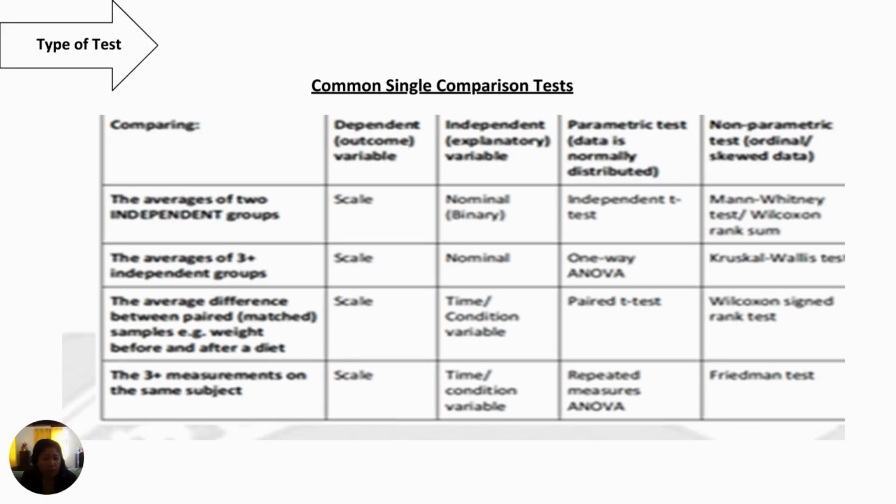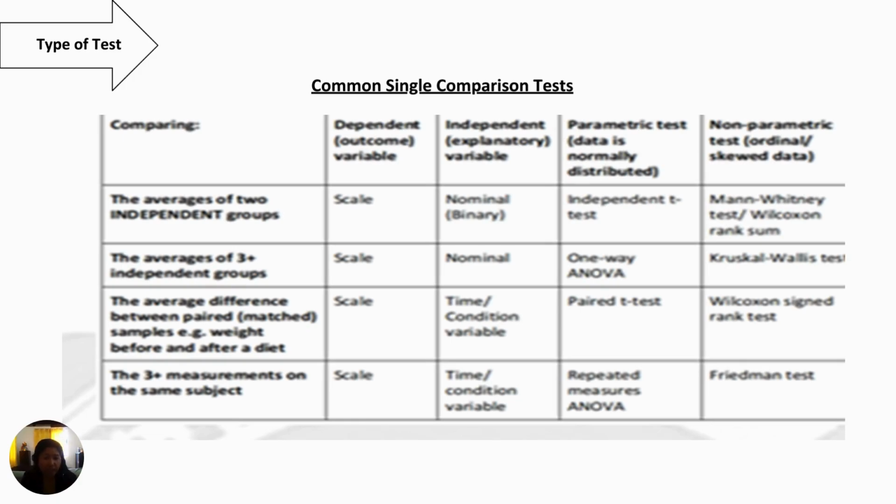Okay, so halimbawa, do male and female students differ in exam scores? So your dependent variable is exam scores. So this is a scale data since it's numerical. Independent or explanatory variable natin is what?